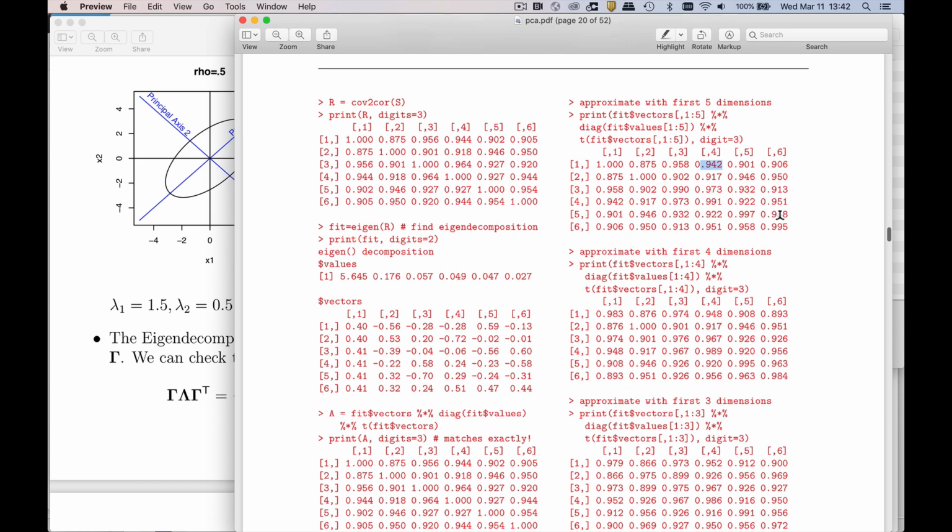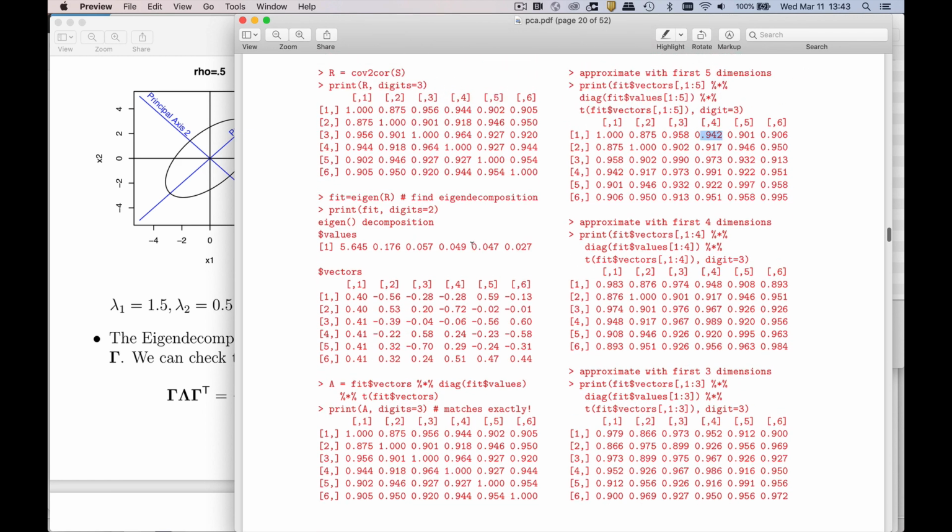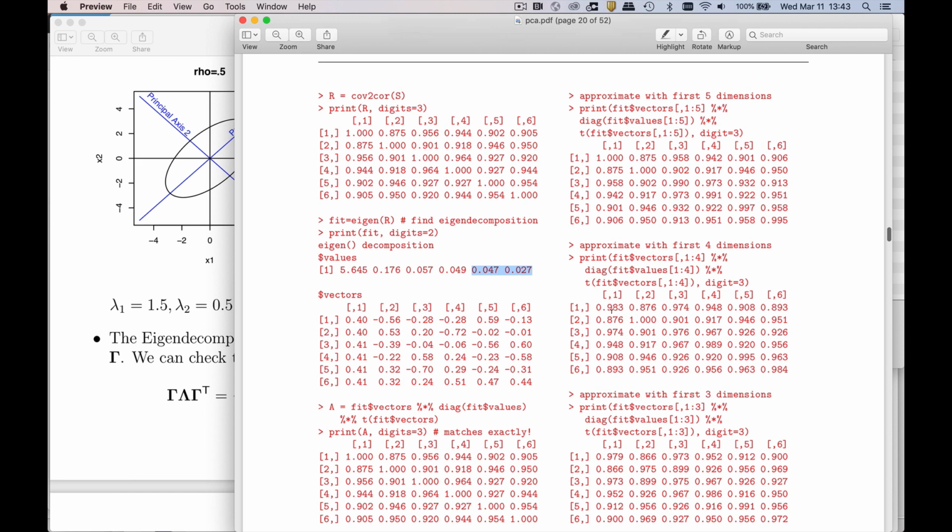Well, why stop there? Why don't we throw out 2 dimensions? If we get rid of 2 dimensions, now notice we're going to be sacrificing the sum of those 2 values, but we're going to be capturing the vast majority of the variance in the original correlation matrix. So what you're going to see is that the approximation degrades a bit, where we tend to be a little bit more off than we were before.